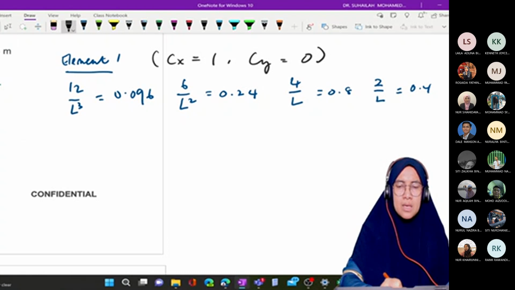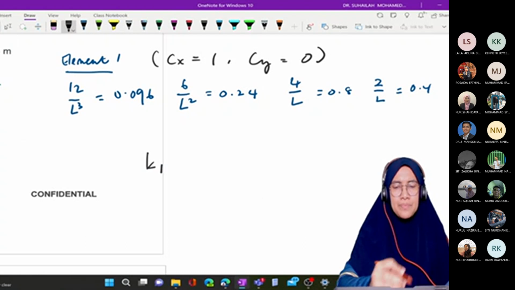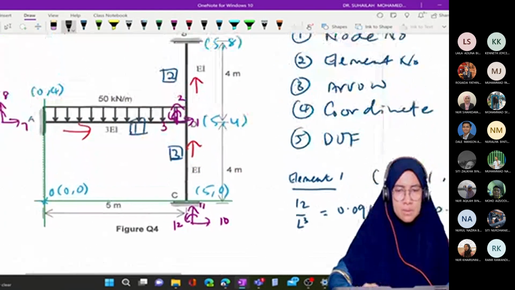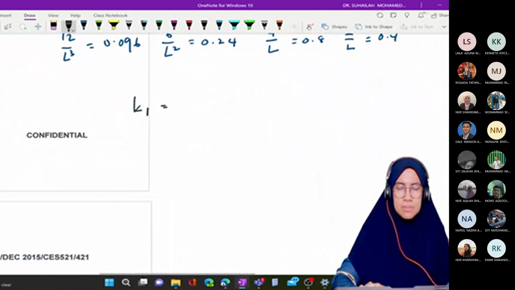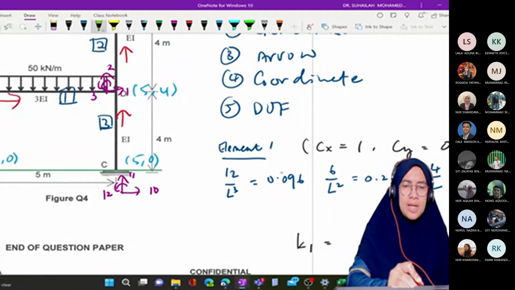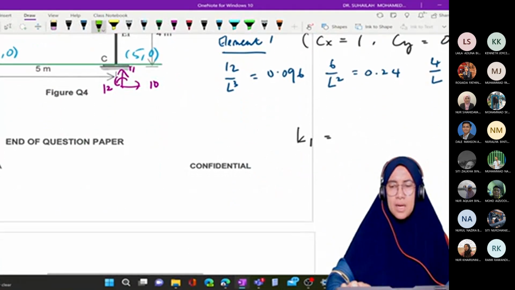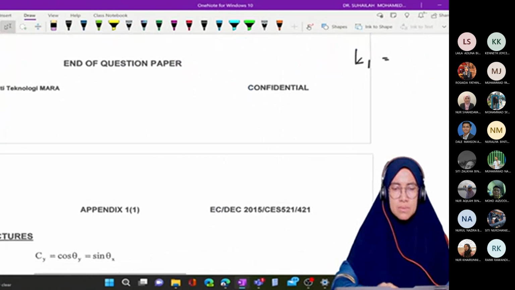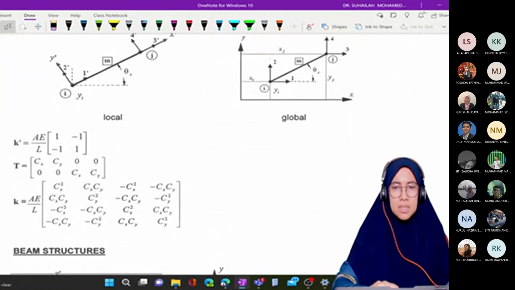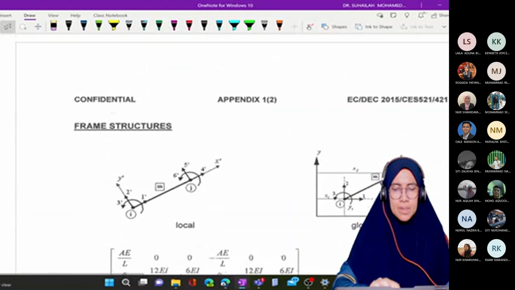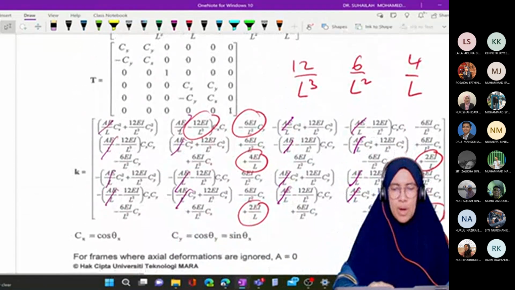For K1, don't forget this is 3EI, so refer to the formula, with Cy 0 and Cx 1.